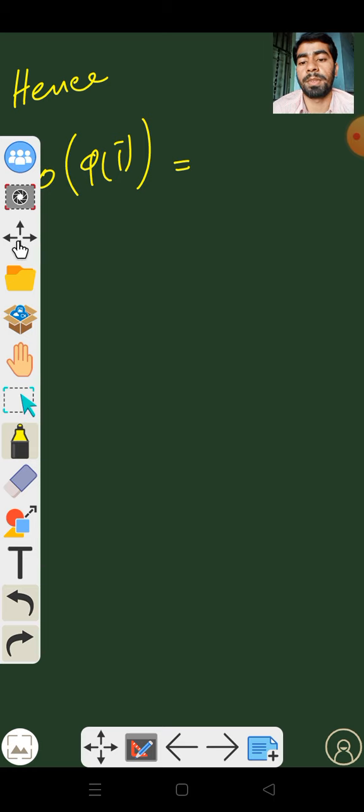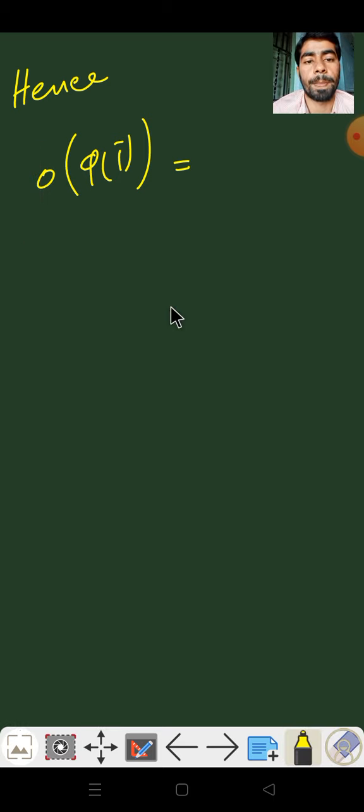Sorry, it will not be the GCD, it will be the common factors of 6 and 4. So the order of this divides 6 as well as divides 4.